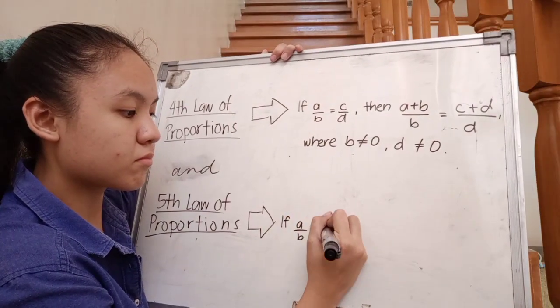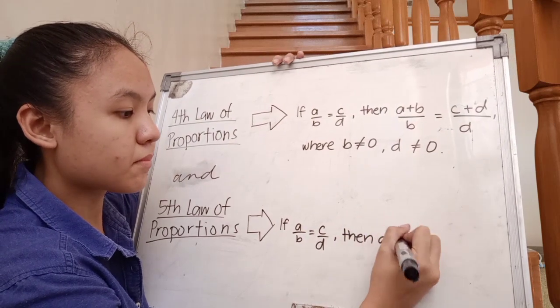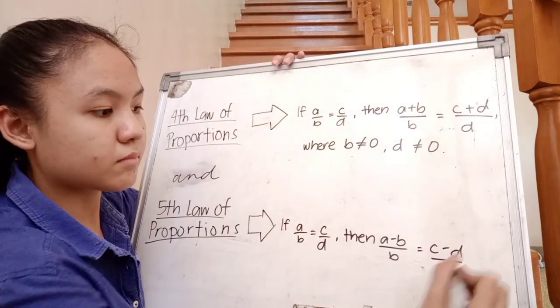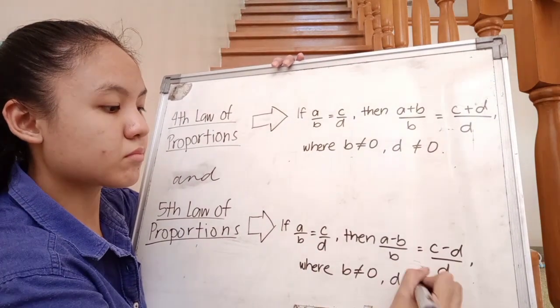Then our fifth law says if A over B is equal to C over D, then A minus B over B is equal to C minus D over D, where B is not equal to 0 and D is not equal to 0.